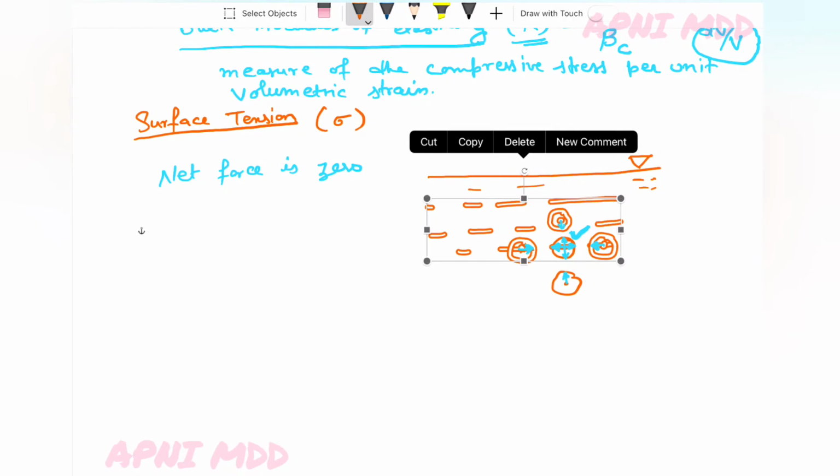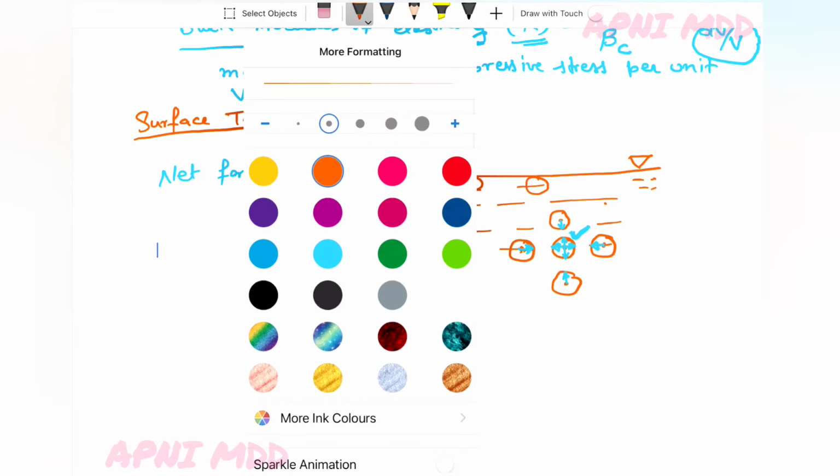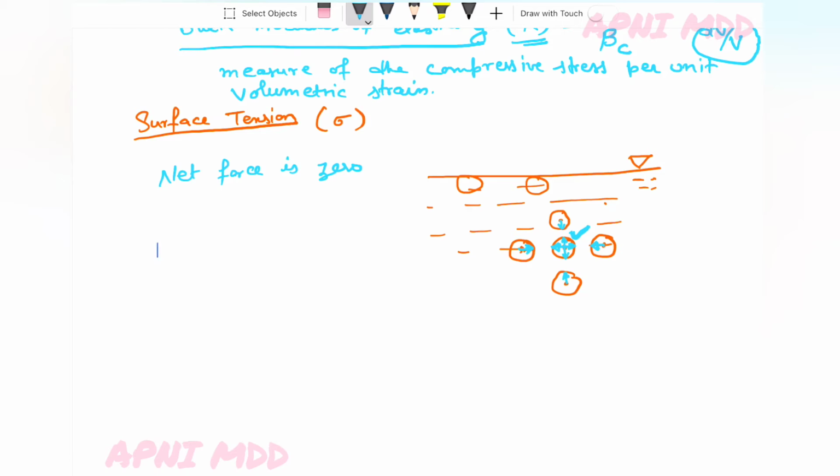So there is one molecule here, one molecule here. Okay. Now you can see here for this molecule, there is no molecule on this side. For this one, no molecule is on the other side. So this molecule experiences some inward force.